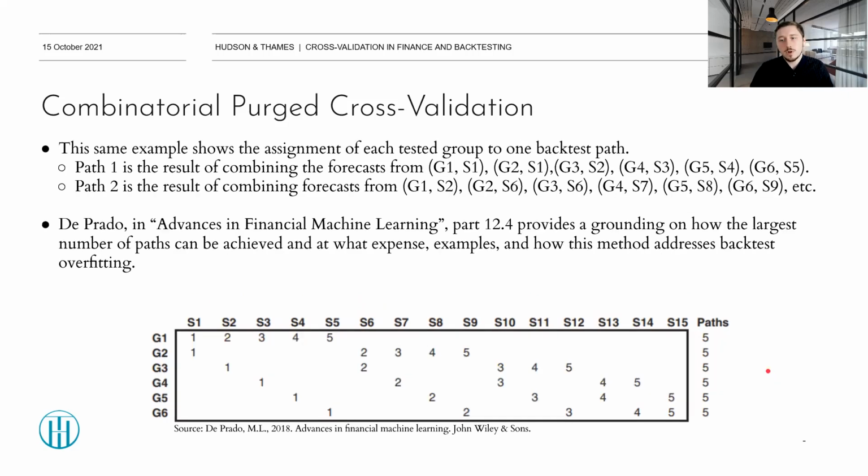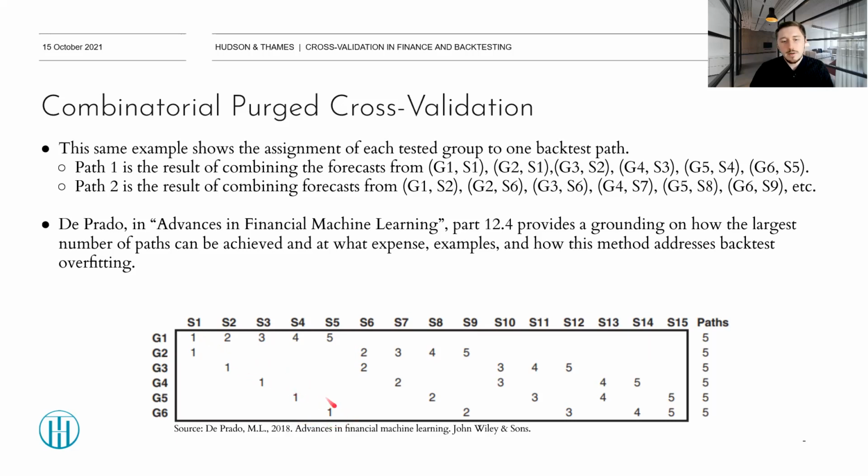Let's look at the following explanation. This shows the assignment of each tested group to one backtested path. So path 1 would be a result of combining the forecasts from the following elements: G1 S1, G2 S1, G3 S2, G4 S3, G5 S4, and G6 S5.